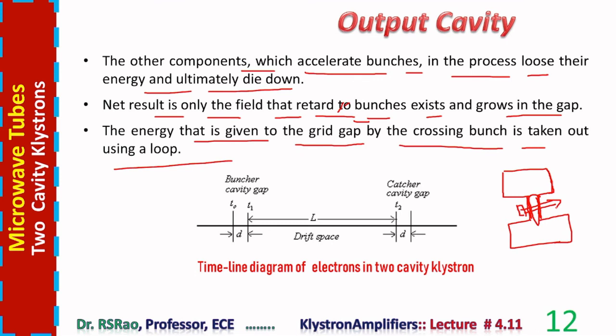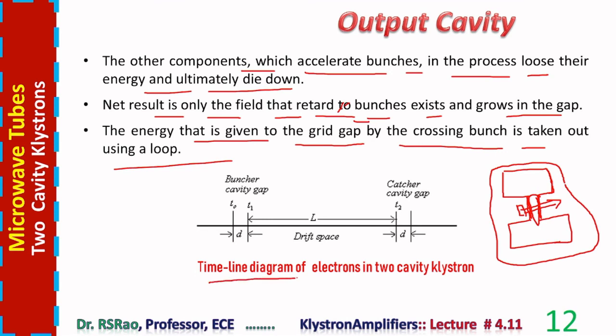Ultimately, only these components get amplified. Only the components which oppose the motion of bunches, which retard the bunch movement, get amplified. The cavity is designed such that the components which provide retardation to the bunches are the components or frequencies of the signal which the device is expected to amplify.